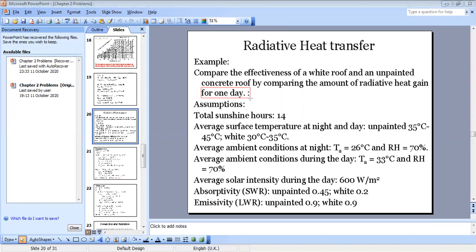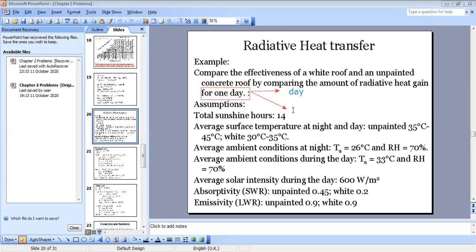Because it's for a complete day, we should do the calculation during the day and during the night to come up with the total radiative exchange, and you will see if it is positive or negative. So here we should consider day and night.